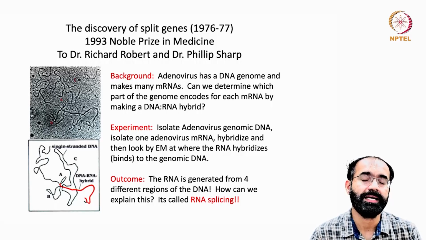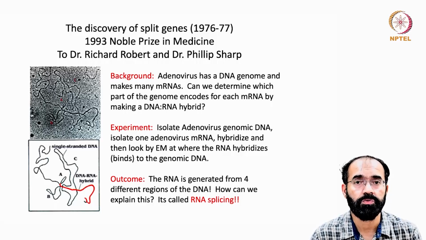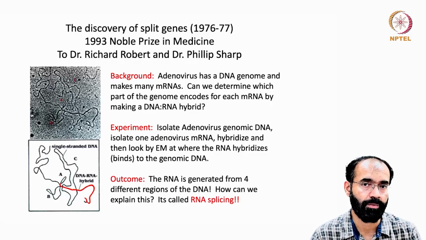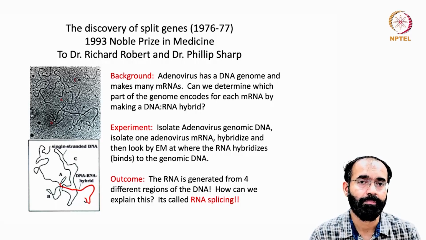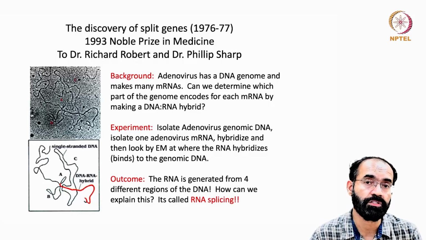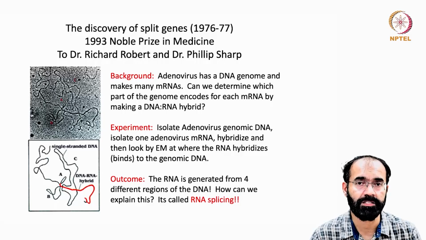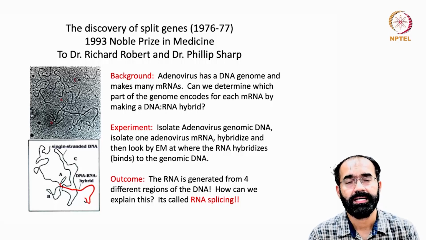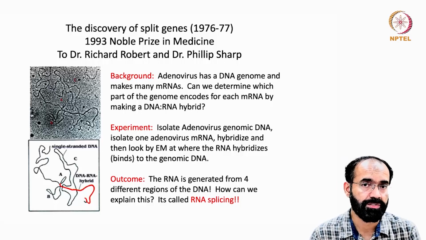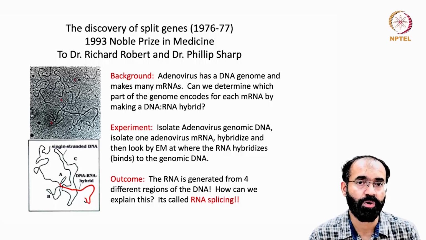Like I told you, DNA has a tendency to stay in double helical form, and RNA also has a tendency to pair, but RNA and DNA can also pair. We have seen during transcription, the DNA pairs with the newly formed RNA, and there we used the term DNA-RNA hybrid. So a DNA-RNA hybrid can be used in experiments in laboratory conditions.